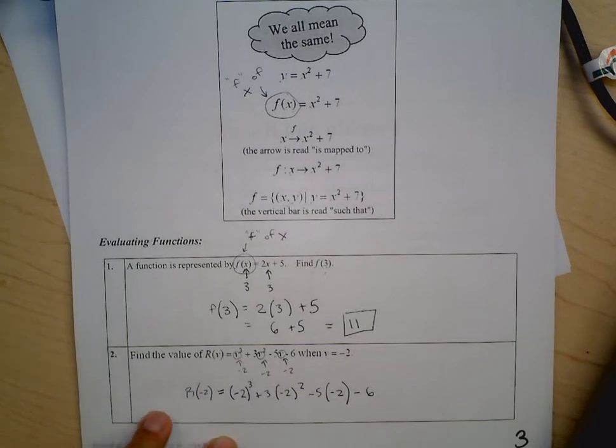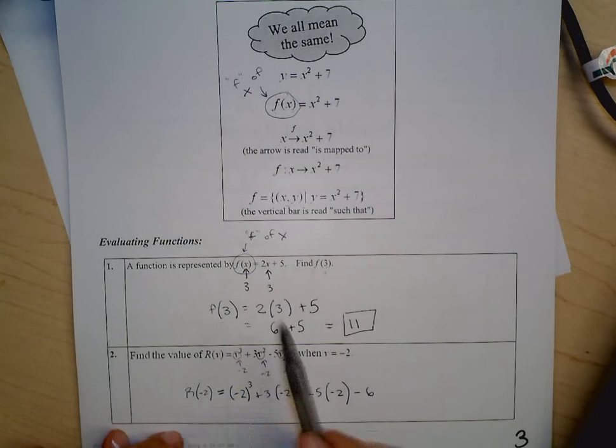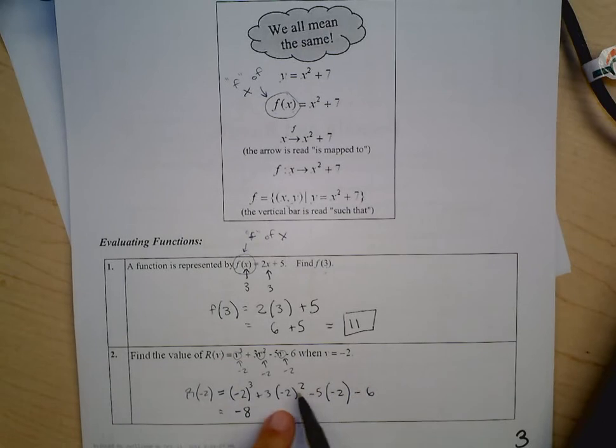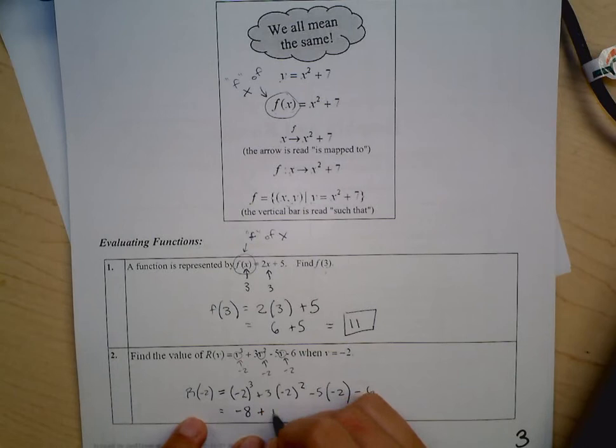Okay, so negative 2 cubed. I'm going to have negative 2 times a negative 2, which gives me a positive 4. Positive 4 times another negative 2 gives me negative 8. Always, in this case, do your exponent first. Do not multiply the 3 first. That's a common mistake. So negative 2 squared is negative 2 times negative 2, which gives us 4. 4 times 3 gives us a positive 12.